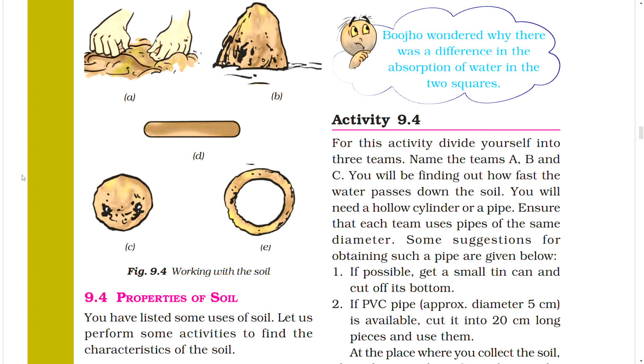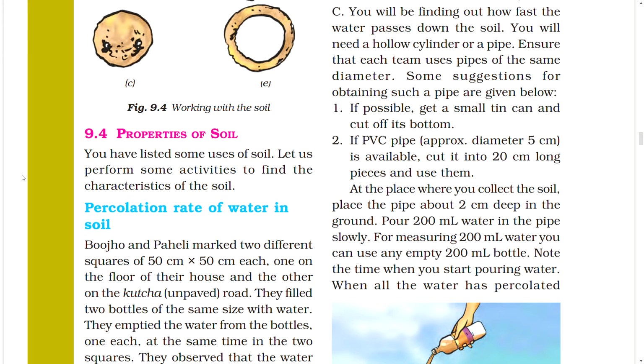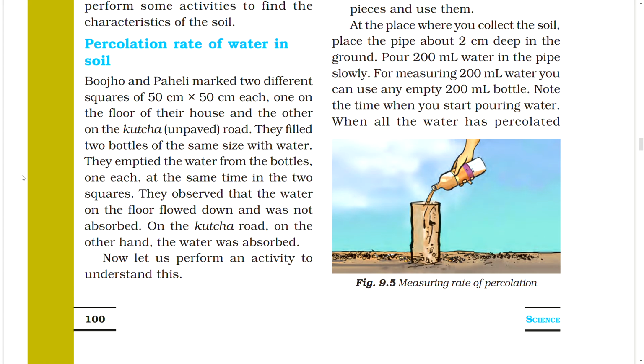1. If possible, get a small tin can and cut off its bottom. 2. If PVC pipe approx diameter 5 cm is available, cut it into 20 cm long pieces and use them. At the place where you collect the soil, place the pipe about 2 cm deep in the ground.